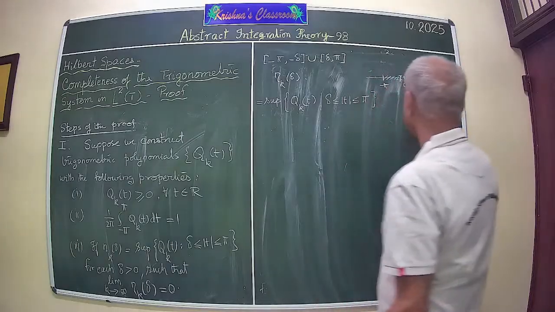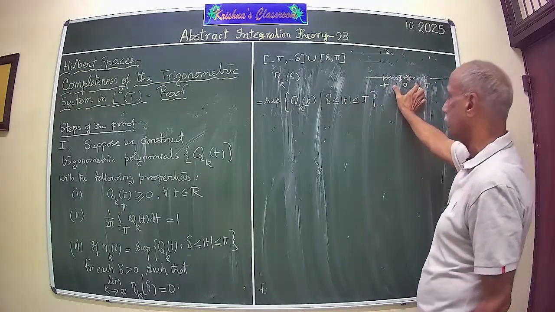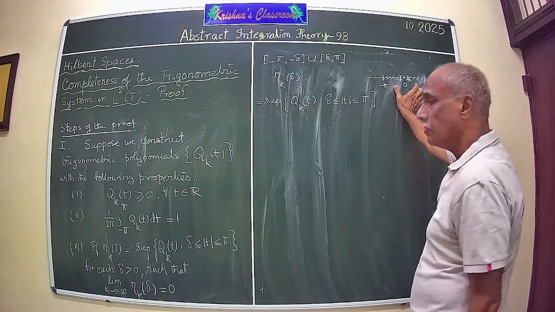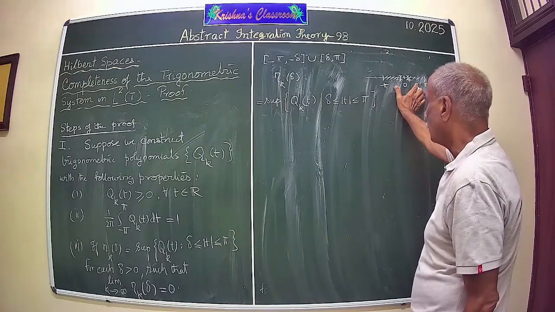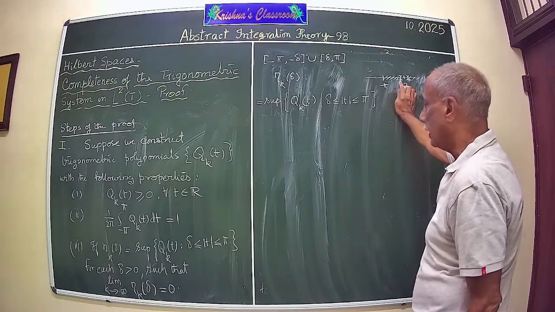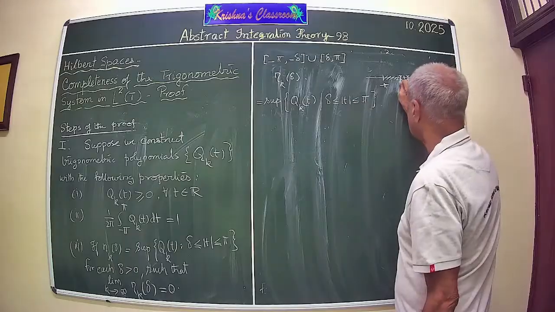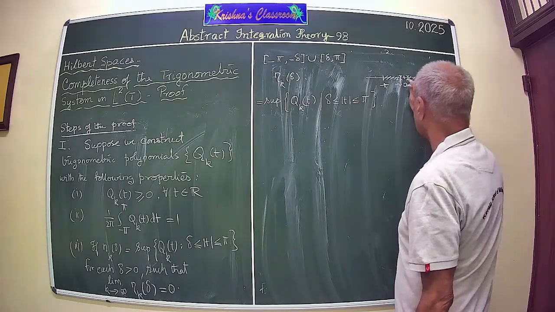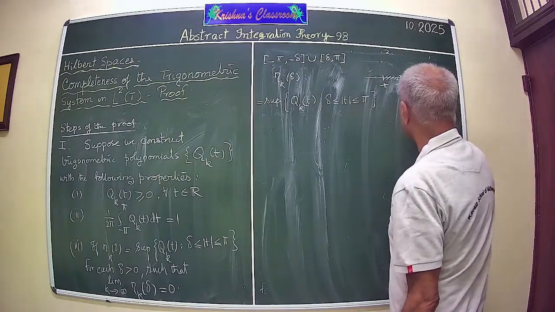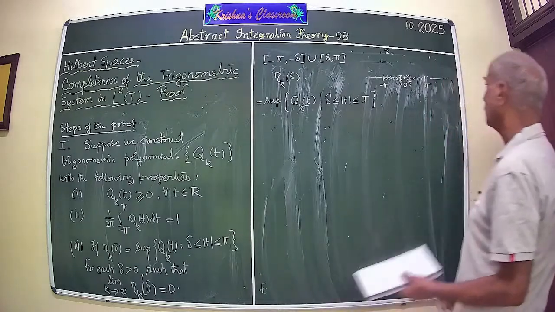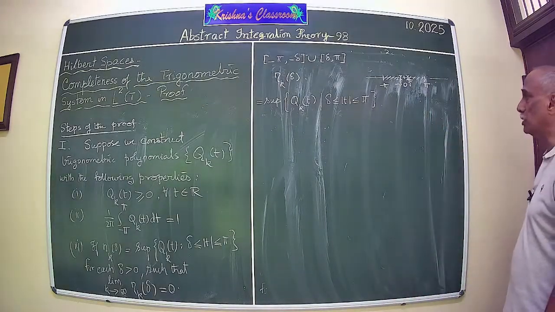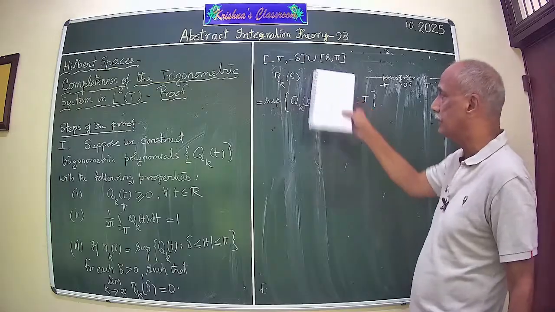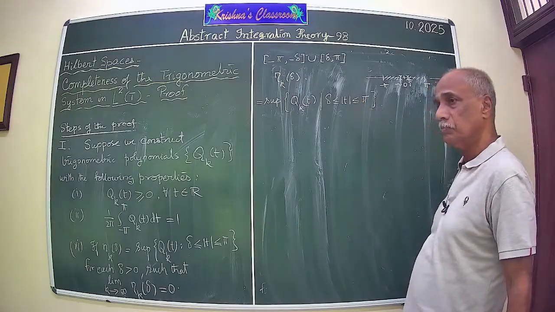That means on each of these sets, this is the union of disjoint intervals associated with delta, minus delta to delta. We take the supremum and that supremum is designated by eta k.